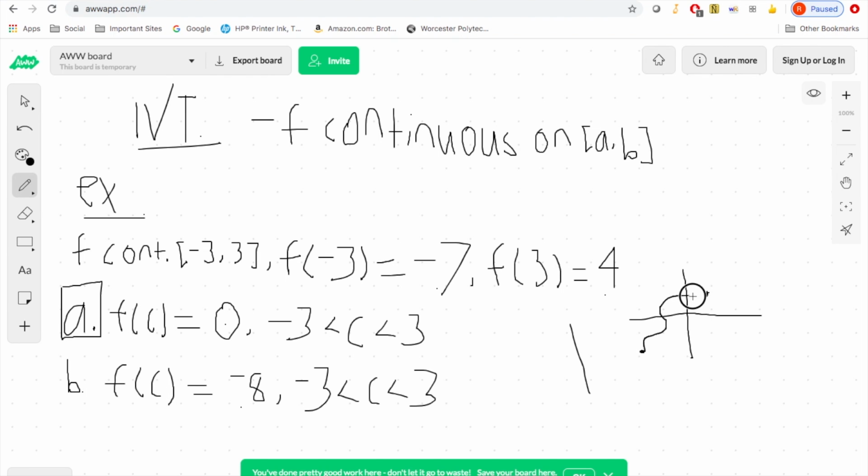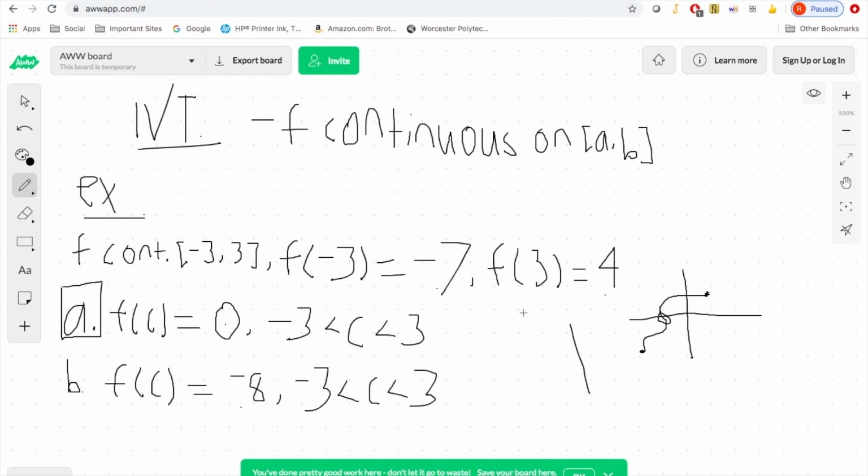We don't know exactly what it's doing, obviously, but it has to be doing something like that. So this is -3 and this is 3. No matter how you do this, since the function has to be continuous, the value of the function has to be 0 at some point. You can see that too, just look at this graph. This is -7, this is 4, and sure enough, it's going to be 0 right here.